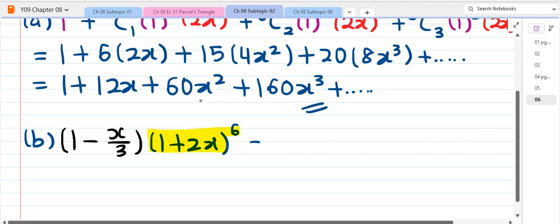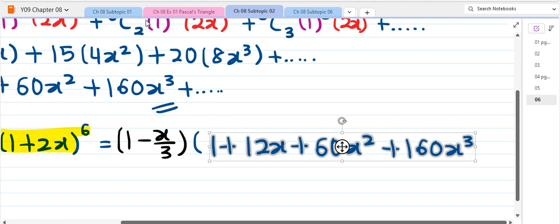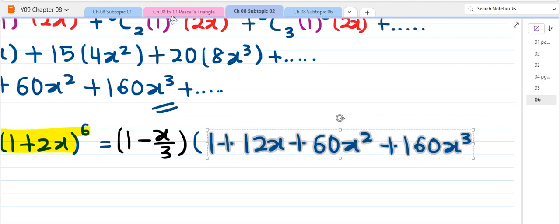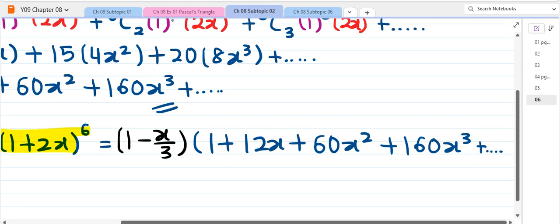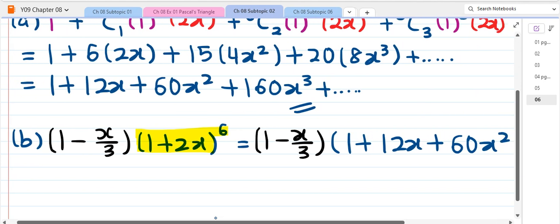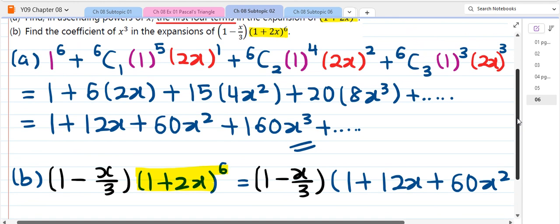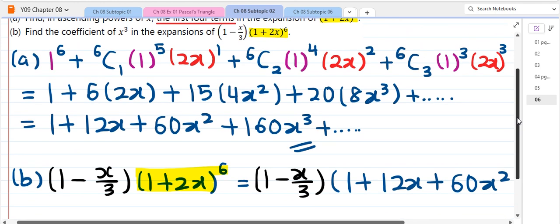Your real question is (1 minus x) to the power of 3, with a bracket over this one, 1 plus 12x plus 60x squared plus 160x cubed. You have to do a further expansion, but it says specifically to find the coefficient of x cubed, so you just need to find the terms that contain x cubed.